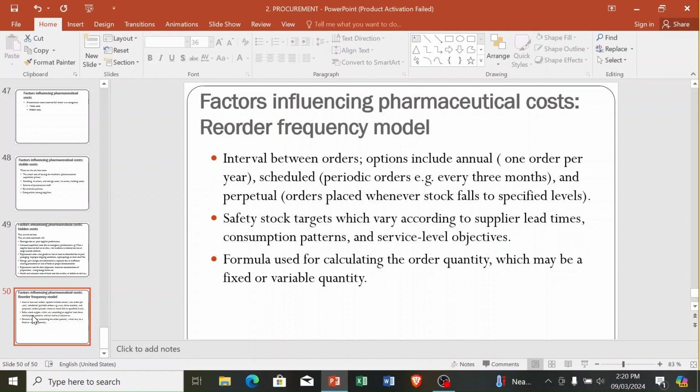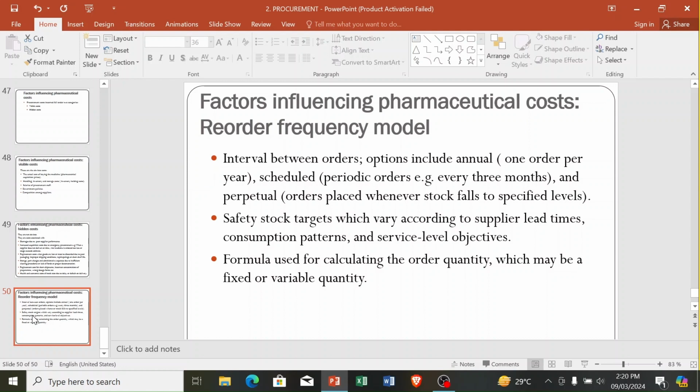So how we order also depends on how much we can sell or how much we can cost the product. If we are private, of course we cost the products to the buyers. If we are wholesalers, we cost it to both the private and the public sector.